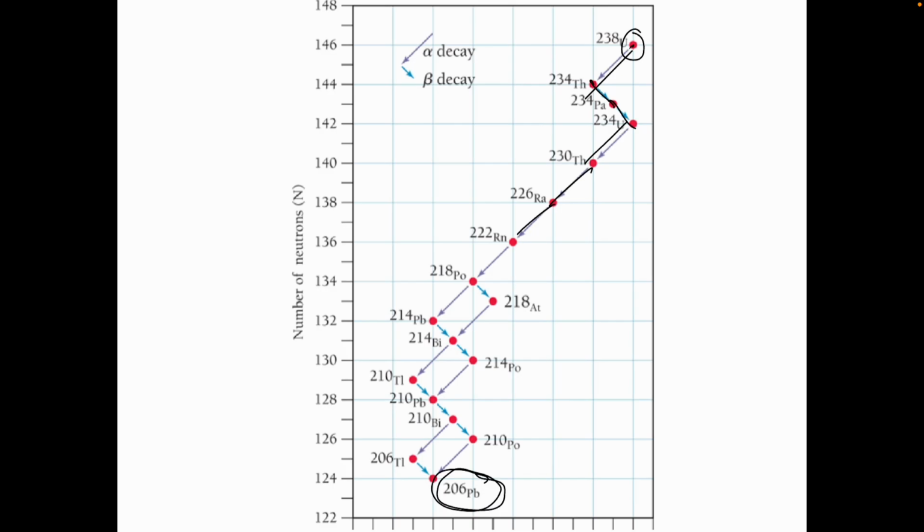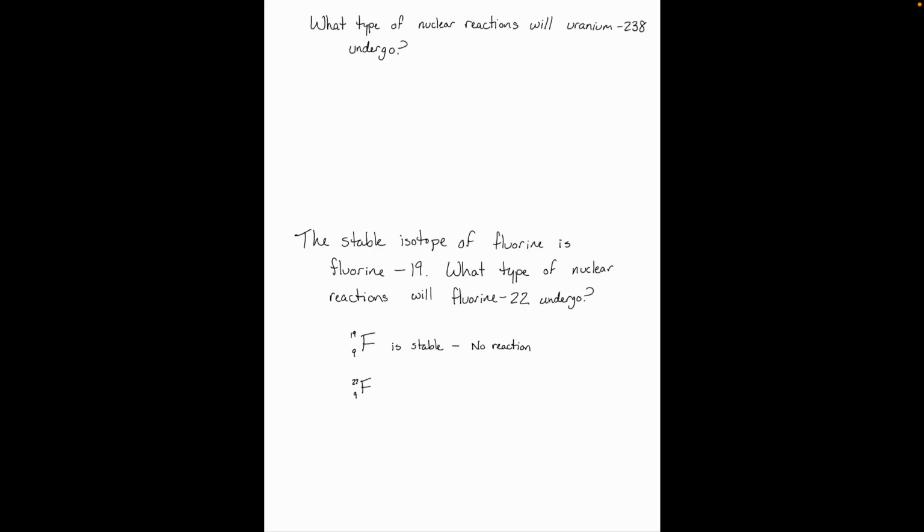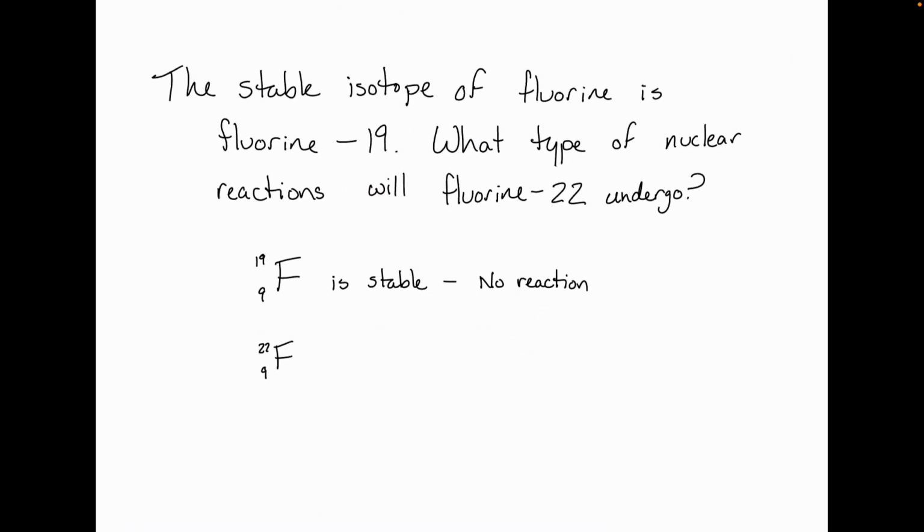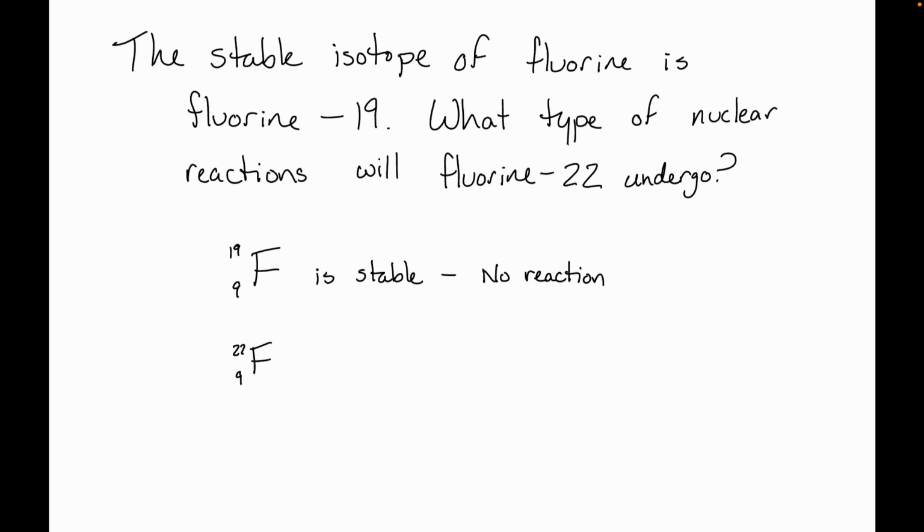So in the 15 seconds that we have left here, just for the sake of completing things, if I said that the only stable isotope of fluorine is fluorine 19, then what type of nuclear reaction would fluorine 22 undergo?